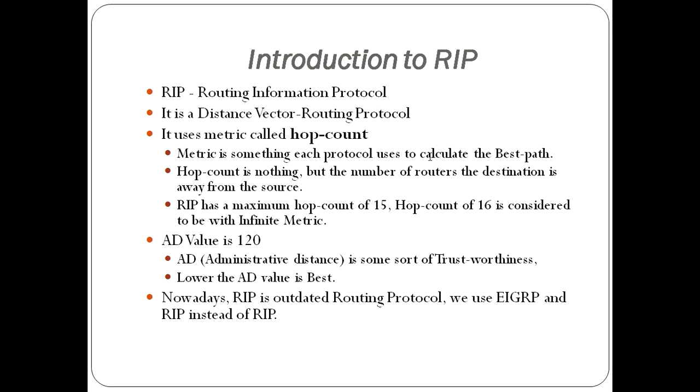Suppose both have the same value, everything seems to be the same. Now the router has to decide which routing protocol, or which interface, it has to exit. So it checks the AD value of the routing protocol at this time. Since RIP has an AD value of 120 and OSPF has an AD value of 110, it chooses OSPF and then it chooses the path. Lower the AD value, the better. It might be a tiebreaker in some critical situations.